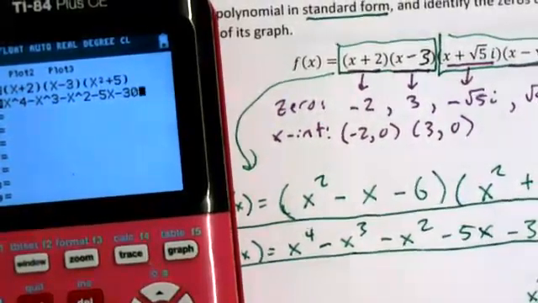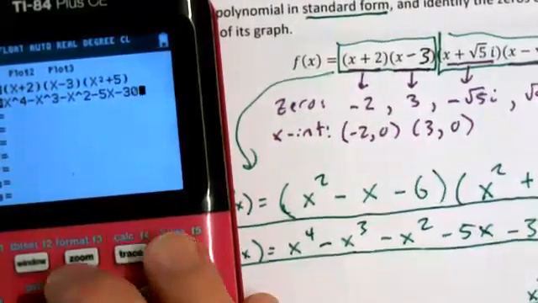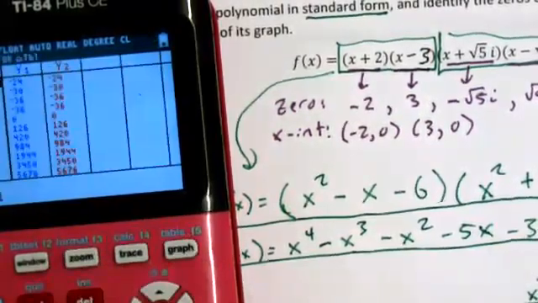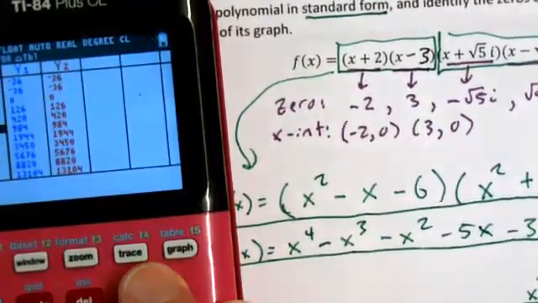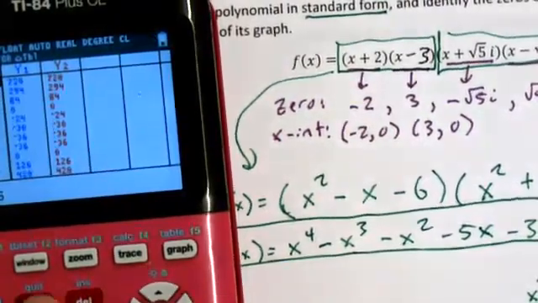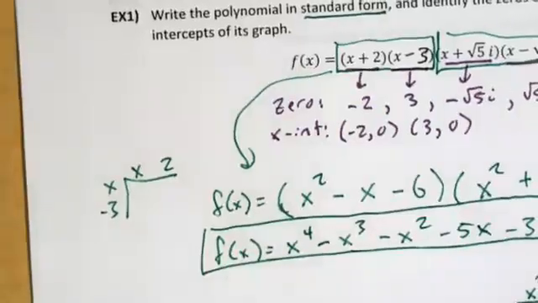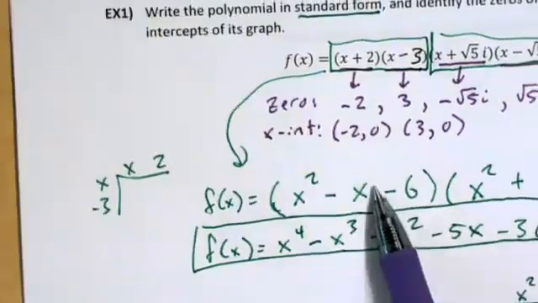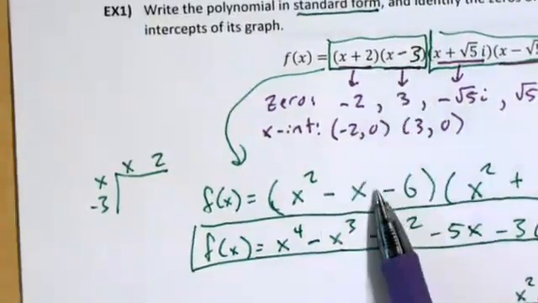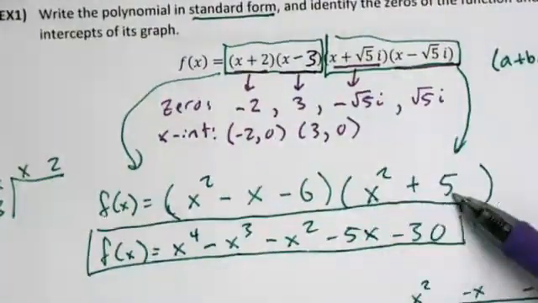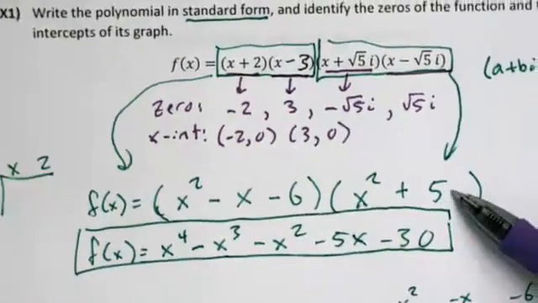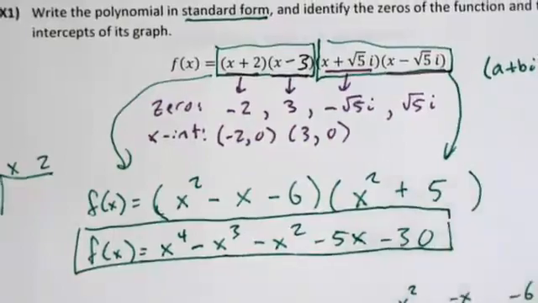And what I want to do is graph these and make sure they match. I actually prefer to look at the table because it's really easy to quickly check and make sure that I'm getting the same y values for everything in the table, and that totally matches up. So I'm feeling confident that at least I did this step correctly and I did from here to here correctly. The only thing I'm not 100% sure on is if I got x squared plus 5, if this part's correct, so I would just want to go back and double check my work for that. All right, let's move on.